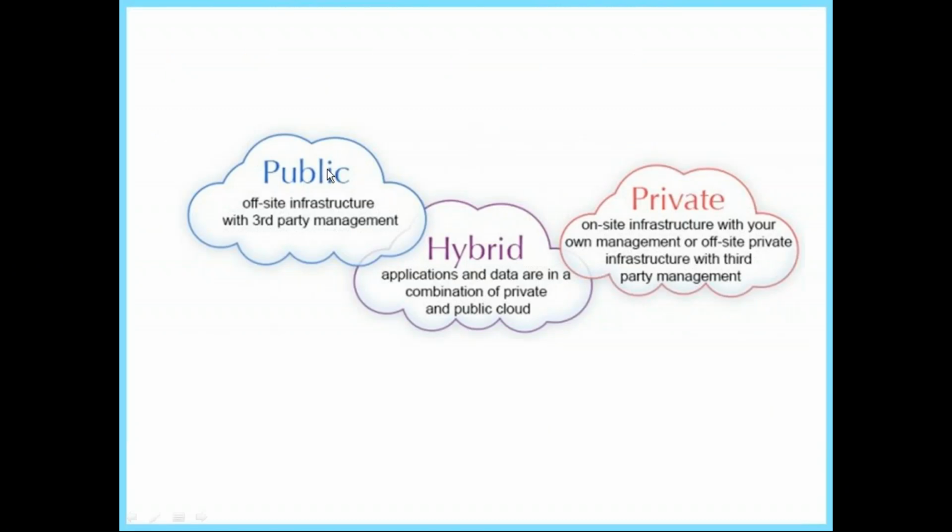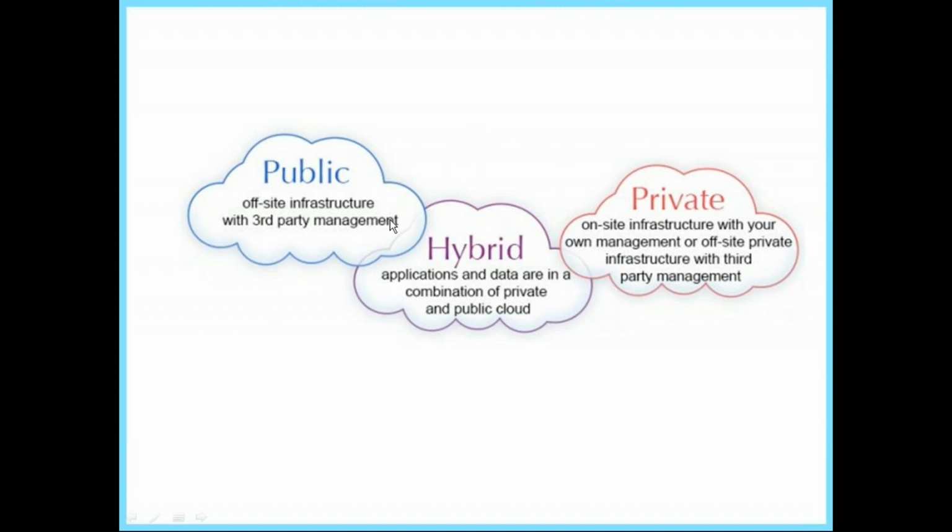So here, you have the public cloud, private cloud, and hybrid cloud. When I talk about public cloud, it is off-site infrastructure. Off-site infrastructure means we need not manage the infrastructure. Being a client, when you are going to use the Fusion applications, you need not maintain the infrastructure.